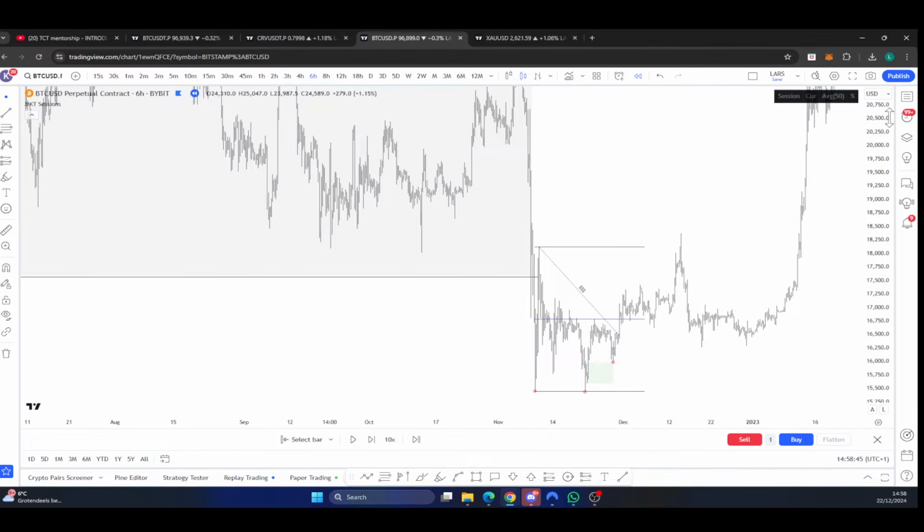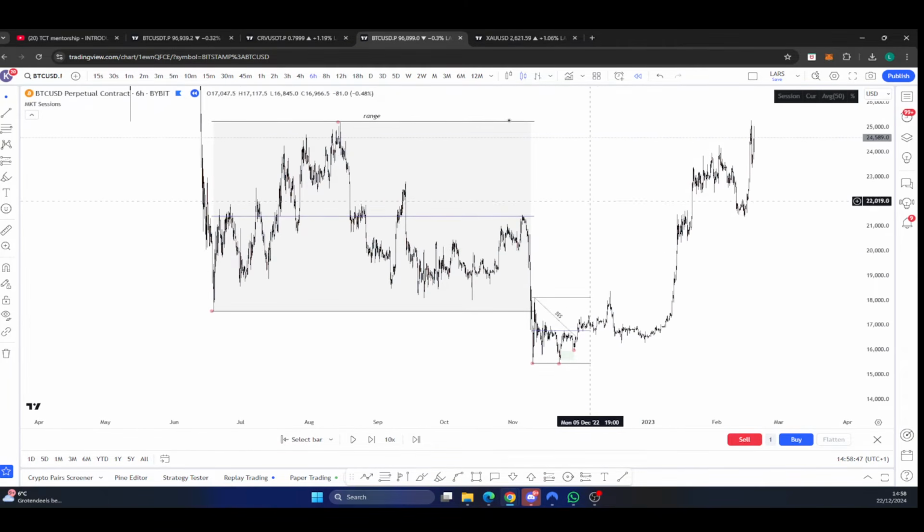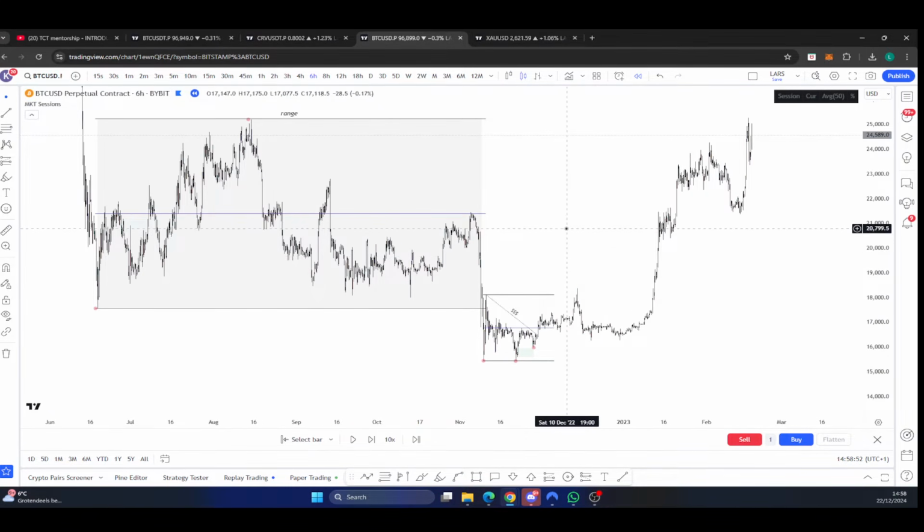Now, one thing that's differentiating this potential PO3 from others is that the return to zone in this range was not the best. Okay. And I want to clarify that if we are trading macro PO3 models, you can be a bit more flexible with the requirements of the return to zone in the range.